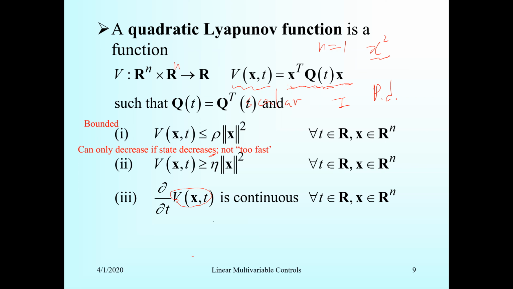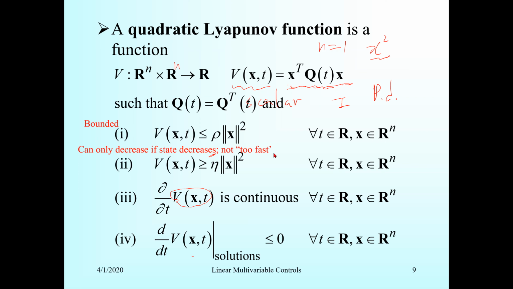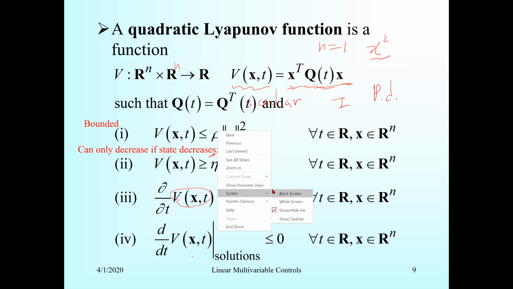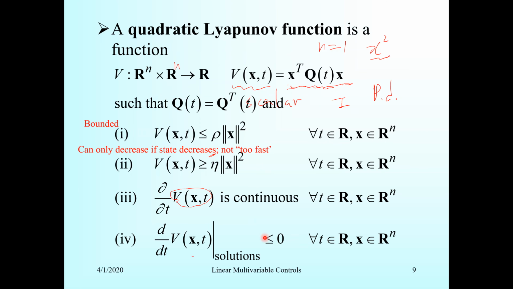Differentiation, the change, the derivative less than 0 means decreasing. Now less than or equal to 0 means non-increasing. It's not necessarily decreasing. If it is 0, that means you keep it there. It's not decreasing, not increasing, right?